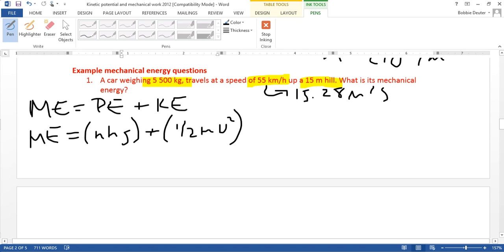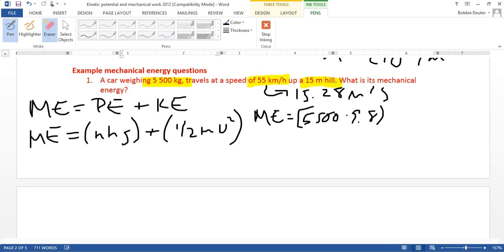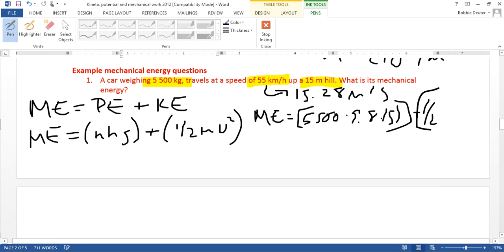So when we do this, we are going to put ME is equal to brackets 5,500 times 9.8 times our height, which is 15, plus 1/2, brackets. We're adding those together.